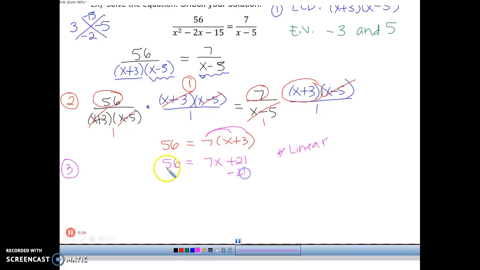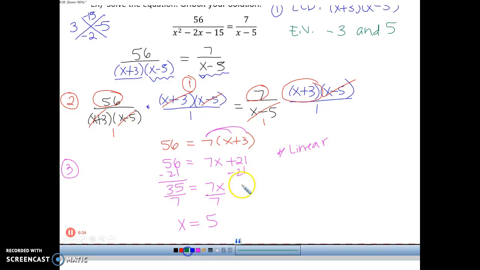So subtract 21 on each side. So this ends up being 35 equals 7x. Then you need to solve for x by dividing by 7. And then you end up with x is equal to 35 divided by 7 is 5.